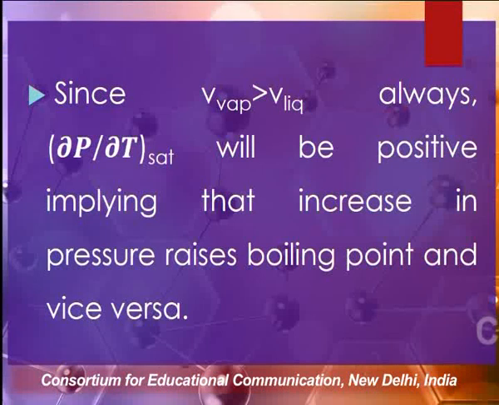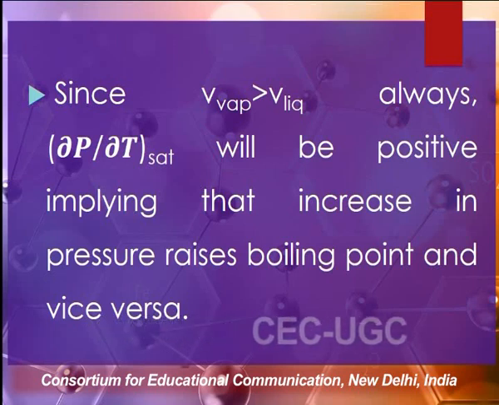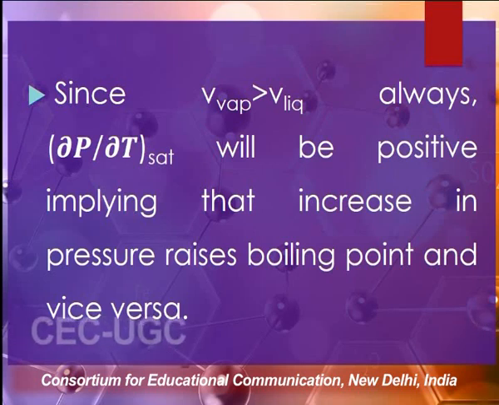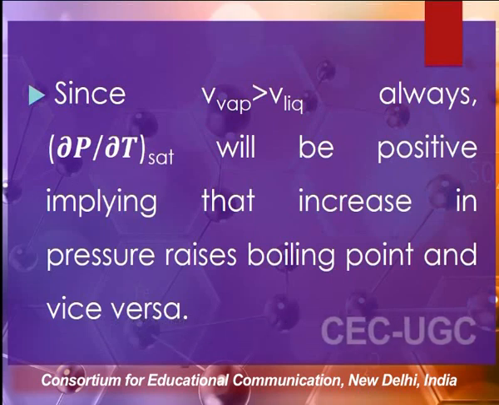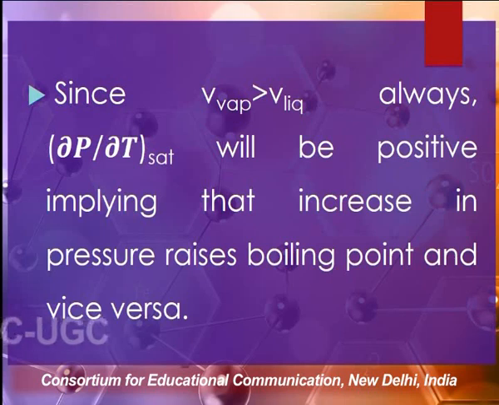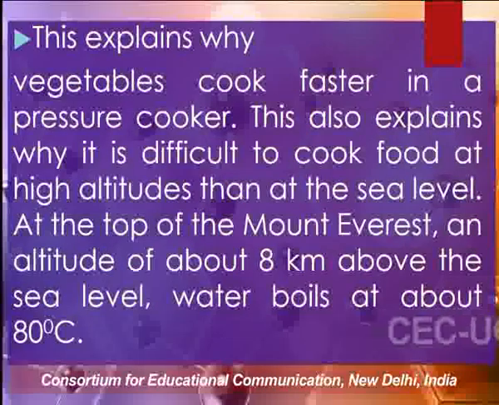We know the specific volume of vapor has to be greater than the specific volume of liquid. This would mean that dP by dT saturated will be positive, implying that increase in pressure raises the boiling point and vice versa. This is very important, and we see this happening in our everyday life also.